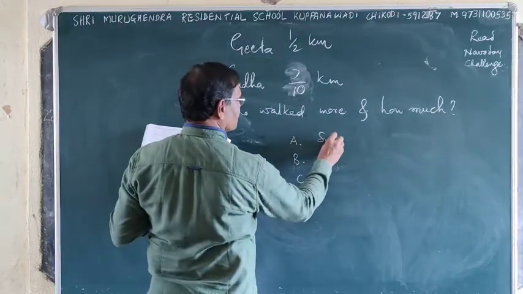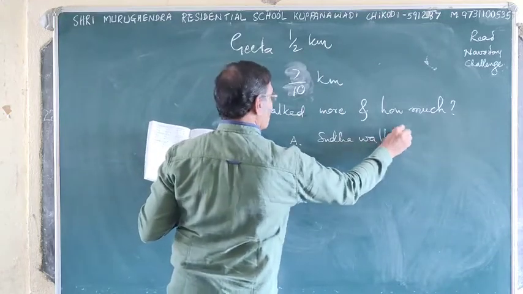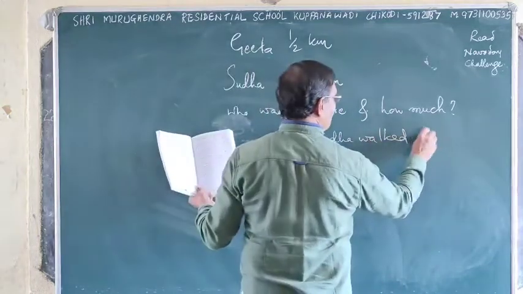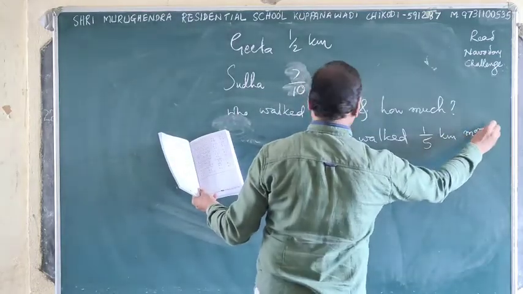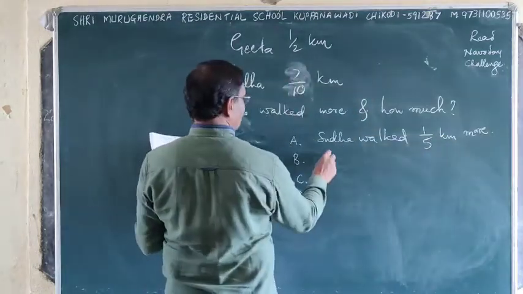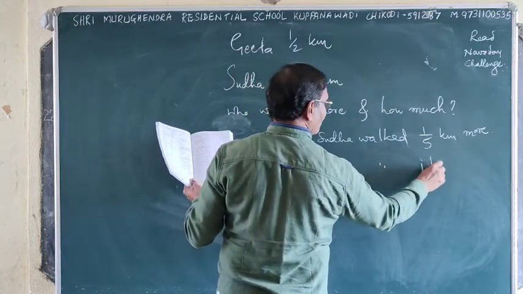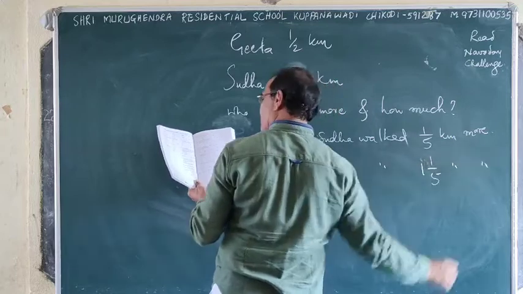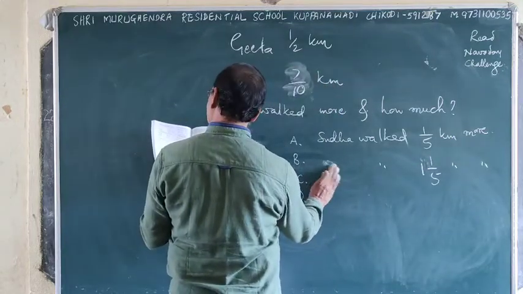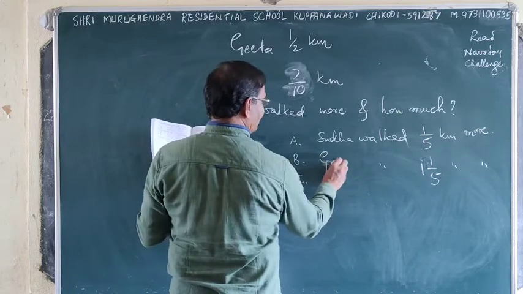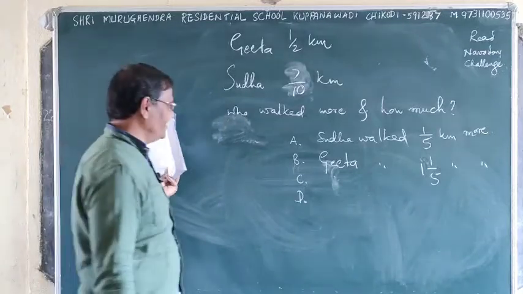Sudha walked 1/5 kilometer more. Geeta walked 1 and 1/5 kilometer more. Geeta walked, sorry, Geeta, forget.